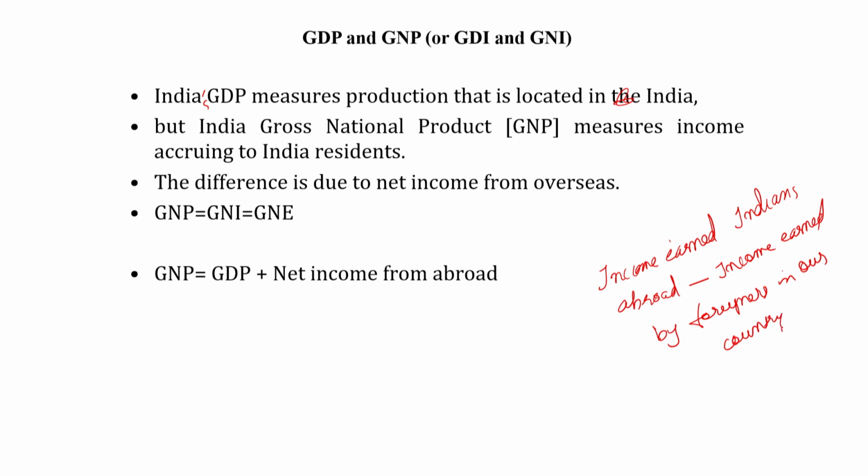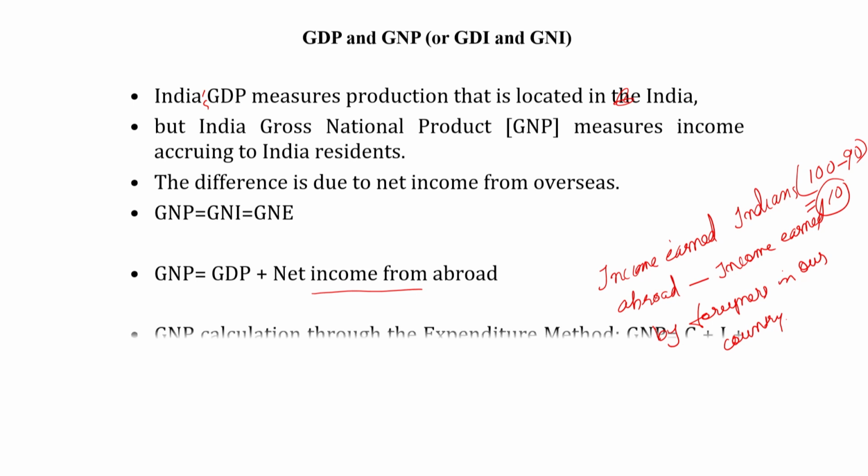That is how we define the net income from abroad. Suppose India earns 100 billion abroad and foreigners earn here 90 billion. So the net income from abroad is, you can see, 10 billion dollars. So GNP is calculated as GDP plus net income from abroad.